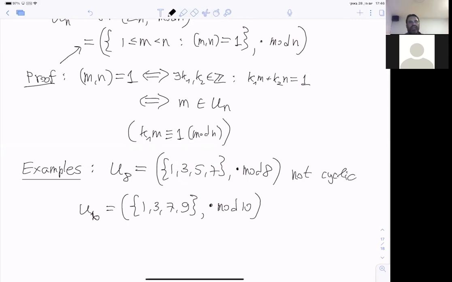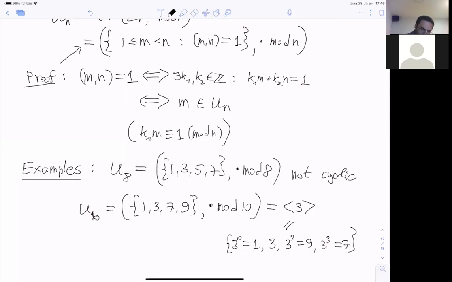It is abelian and finite, but here, this one is cyclic. This is generated by 3. Why? What are all the powers of 3? 3 to the power of 0 is always the identity, 1. 3 is 3. 3 squared is 9. And 3 cubed is 7.